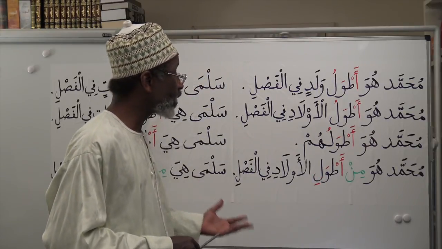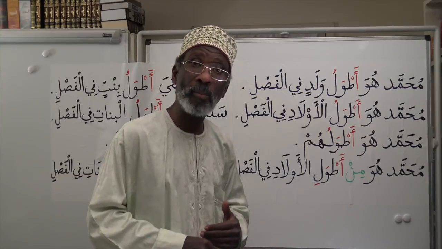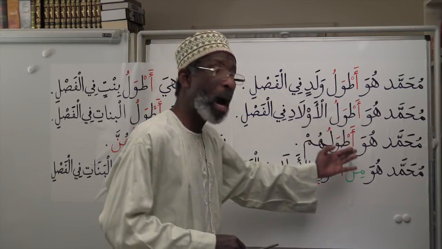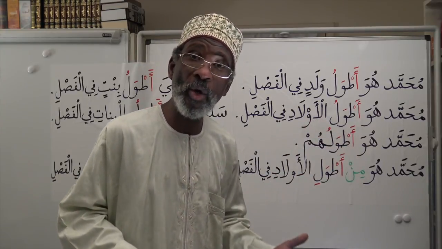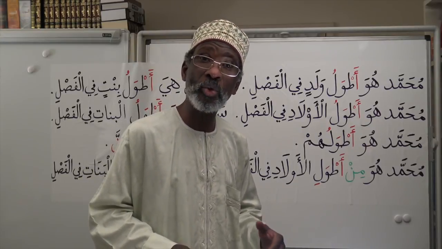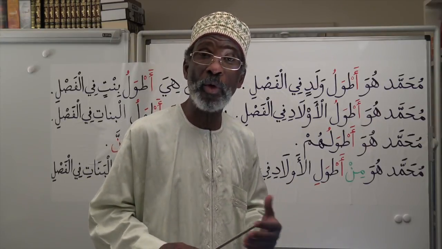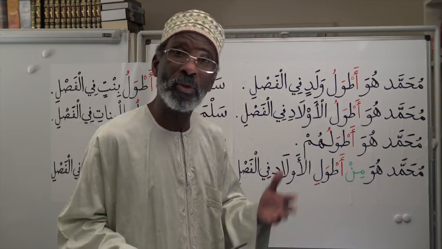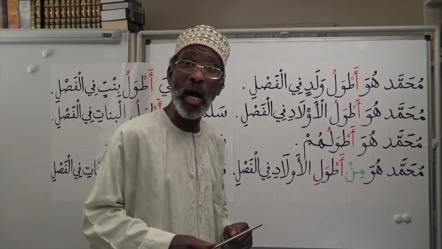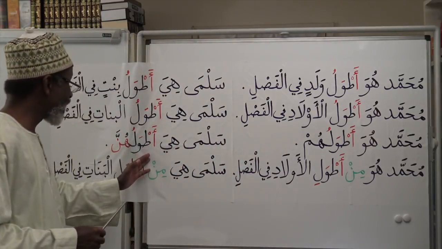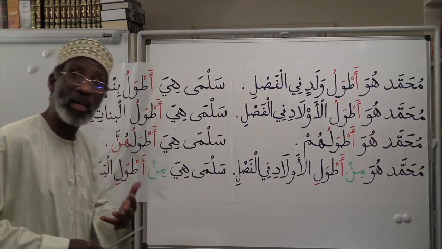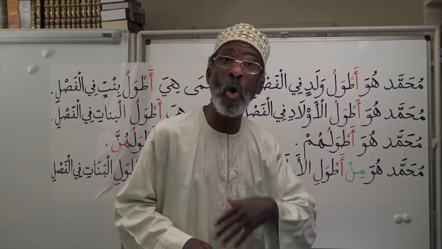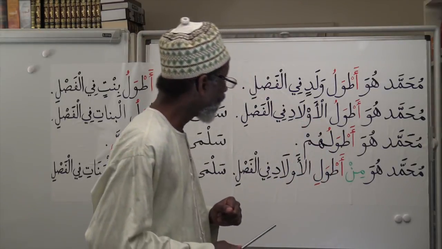Or if you have the attached pronoun, you may say Muhammad huwa atwaluhum. Muhammad is the tallest of them, if we know who they are. That's fine, you can use your attached pronoun. Salma hiya atwaluhunna. Salma is the tallest of them.